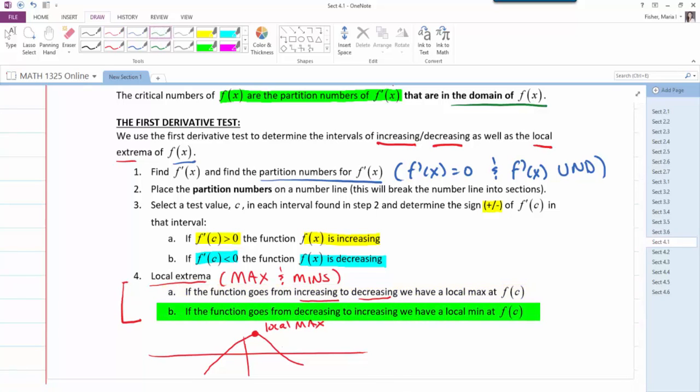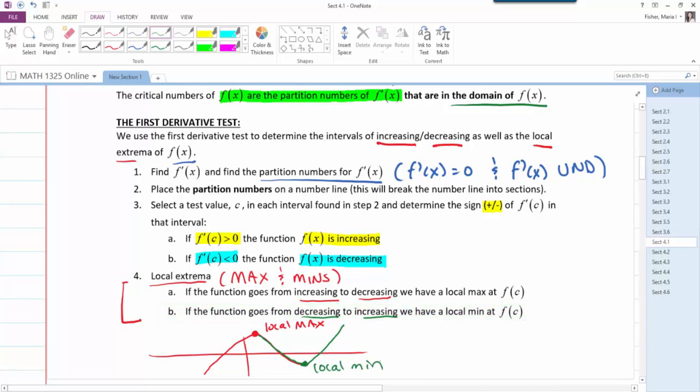And if a function goes from decreasing to increasing, you have a local min. So if a function changes from increasing to decreasing, you have a local max. And if a function changes from decreasing to increasing, you have a local minimum.